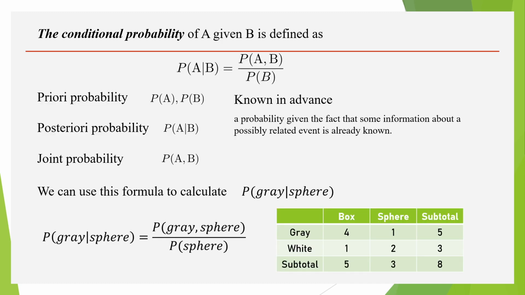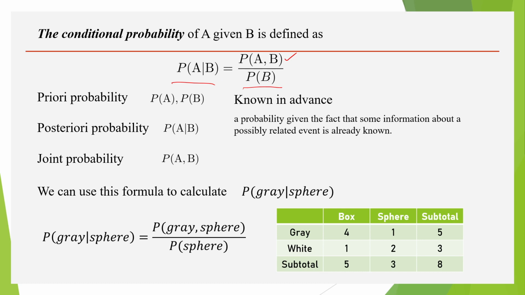But when we want to use a formulation with the prior knowledge, the probability of the joint event, gray and sphere, is 1 over 8, and the prior probability of the event B, a sphere, is something. We just divide them, and then we get the conditional probability.